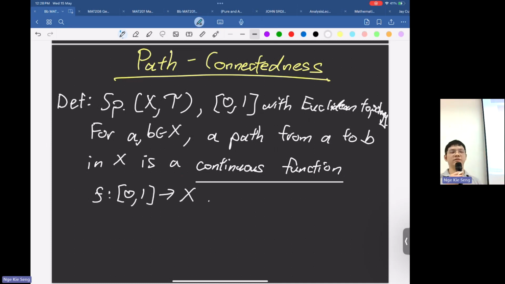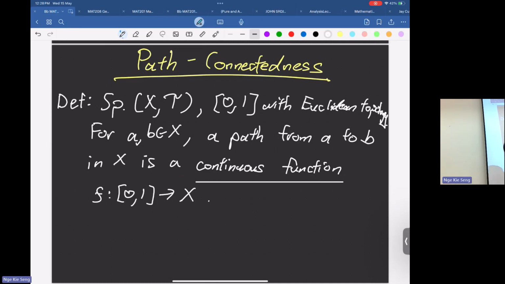First of all, do you think this definition makes sense or not? Does it make sense to talk about a continuous function from this interval to X? Why does it make sense? What is the definition of continuous function? Yes, the preimage of an open set is open.